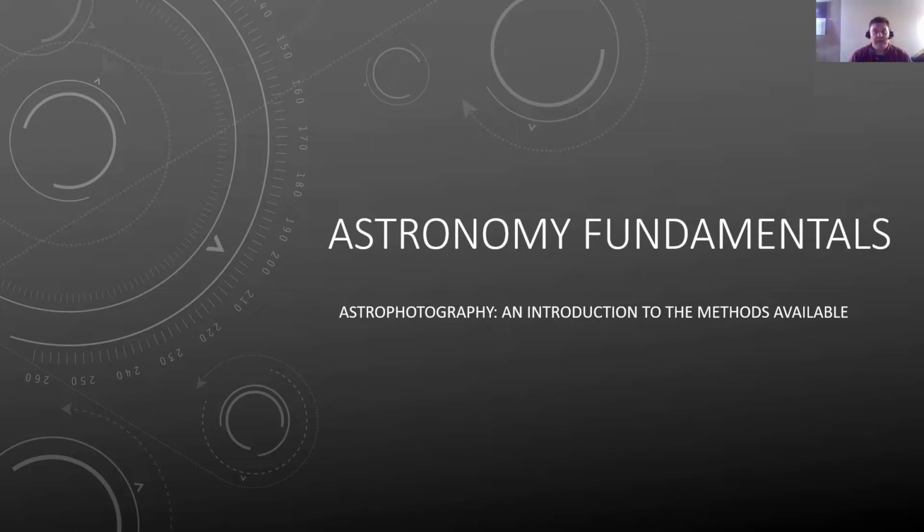So I've looked into the astrophotography side of it, and it really comes down to what your expectations are. I'm going to go over an introduction to some of the methods that we have and provide some options to choose from, and it will hopefully give you an idea of what you're going to need. Because we always get, what kind of telescope should I get for astrophotography, or even what kind of telescope should I get? It really always comes down to what you're wanting to do.